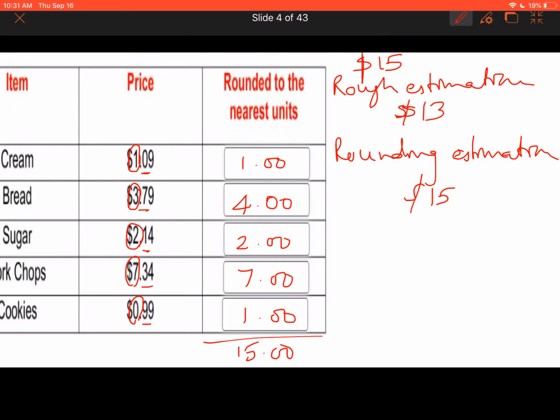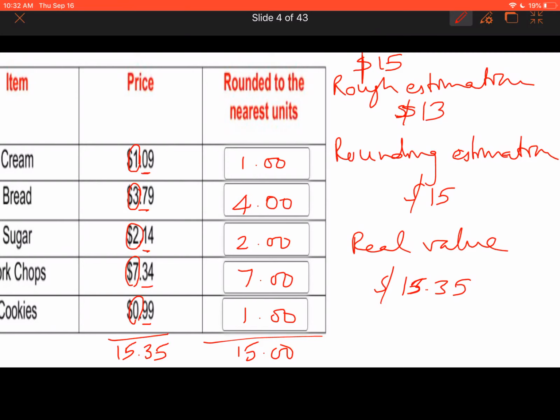The value is $15. Okay, let me just add the exact values that are given on the price tag. Okay, so when I add, I found that it is going to be 15.35, that is $15 and 35 cents. See, it's very clear.